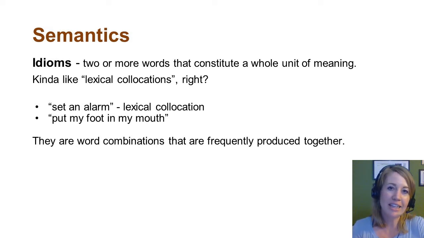If we look at this at the semantic level, put, to place something, my foot, that's a body part of me, in my mouth. Semantically, it doesn't mean what it's supposed to mean on the surface level, right? Not like set an alarm. That on the surface level means what it needs to mean. But put my foot in my mouth has a different semantic meaning.